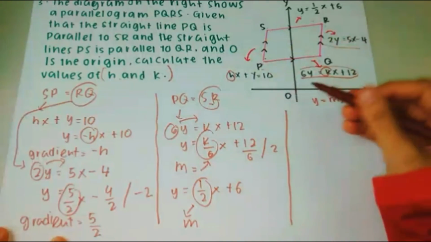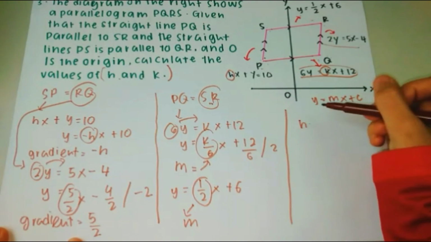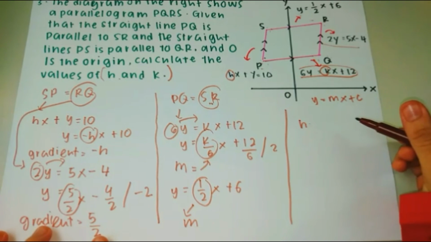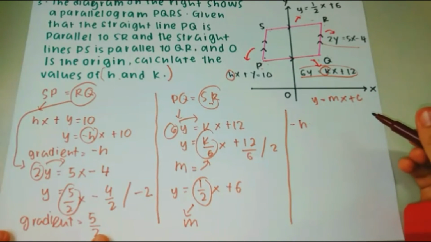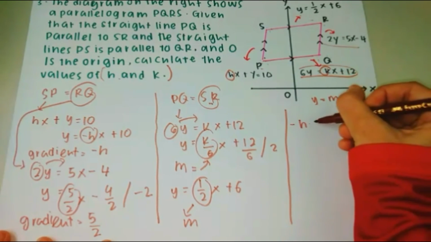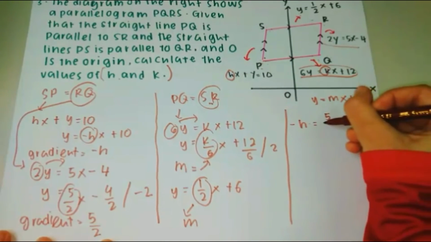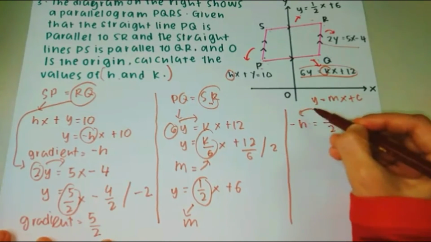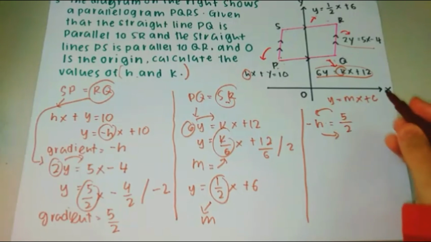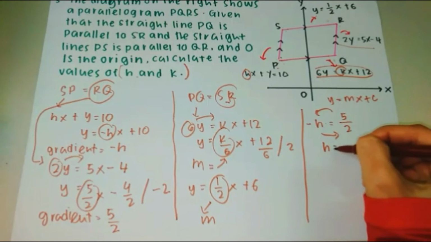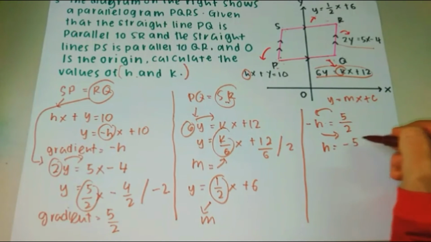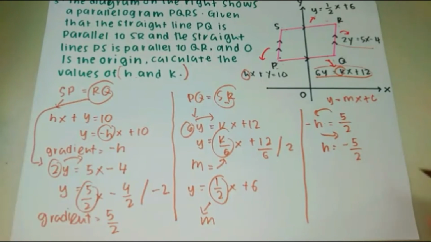Lastly, we have to find the value of h and k. Negative h equal to 5 over 2. We just have to switch them so that the h will be positive and the value of h is negative 5 over 2.